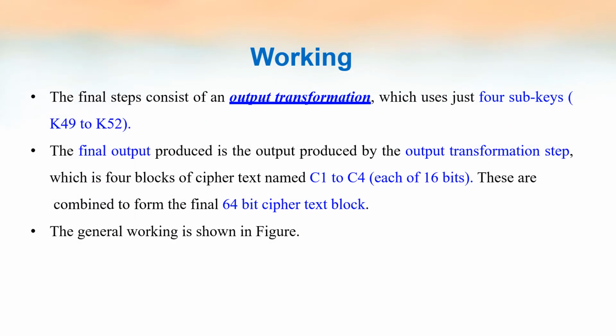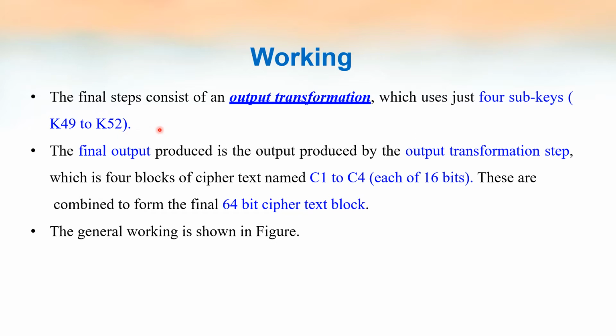After the 8th round, there is a round called output transformation. This is the final round. It uses only 4 subkeys, K49 to K52. So the total number of keys required for the algorithm is 52.